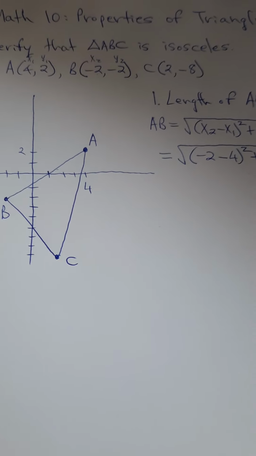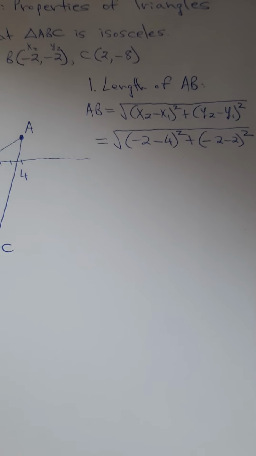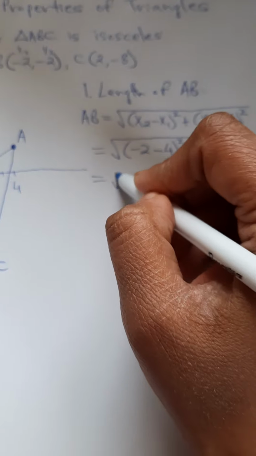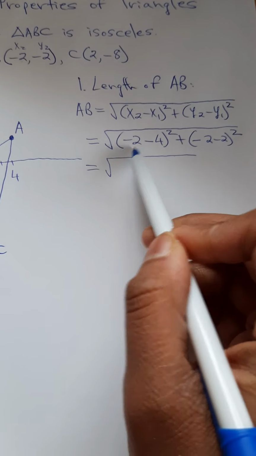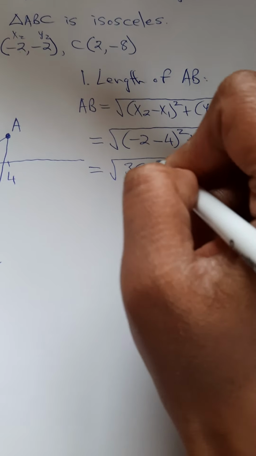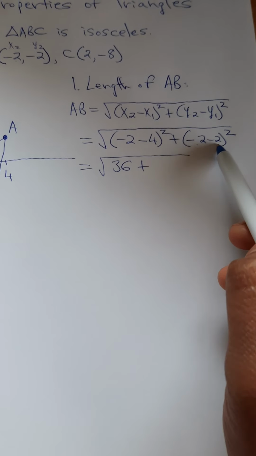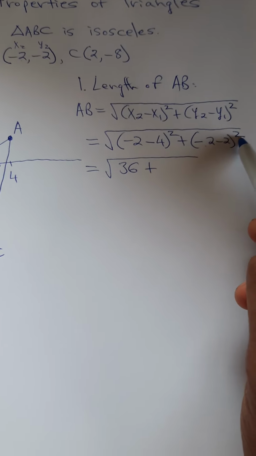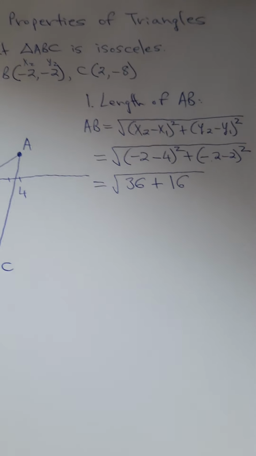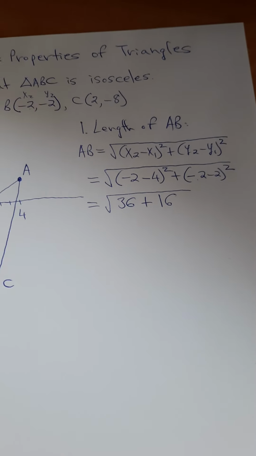Everyone's good so far? Make sure you're adding in between here. So I'm just going to do the square root. This is -2 minus 4, -6 squared, which is 36. -2 minus 2, and then I'm squaring this, which is -4 squared, which is equal to 16.